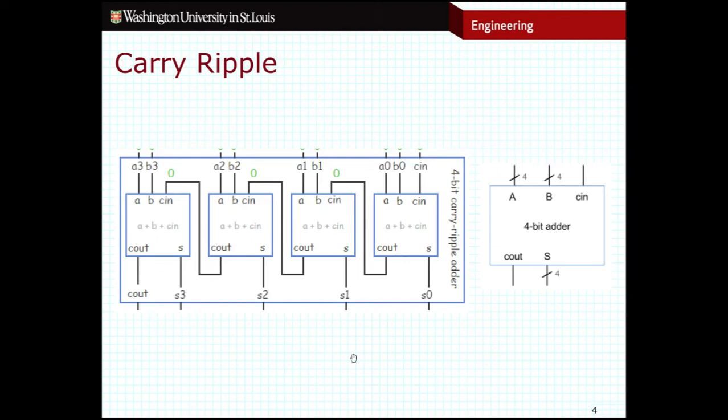And so this result will finally stabilize to the actual result once that propagation is complete. So this is actually a pretty big problem. Carry ripple adders are not used particularly often for this purpose. This is a problem that we need to address at some point, and we will actually address that in a future section.